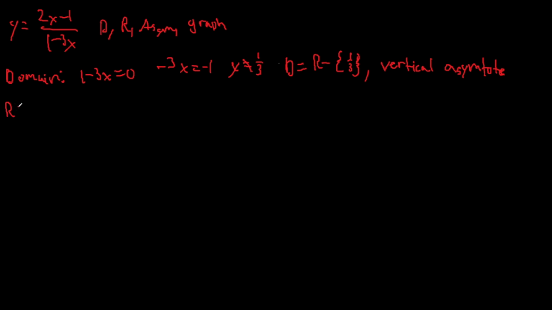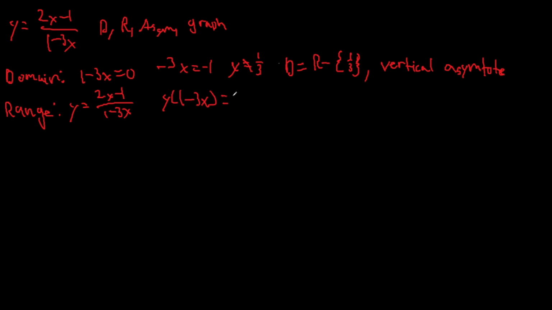Now the range is a bit trickier, and it usually is. We need to find the values y can be. So if we just write the equation again, the first thing I'd recommend doing is always get rid of the denominator. It makes things hard. So how we're going to do that is multiply on both sides.